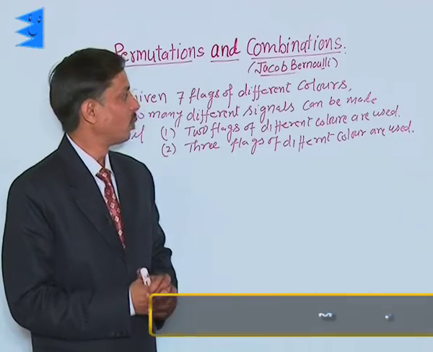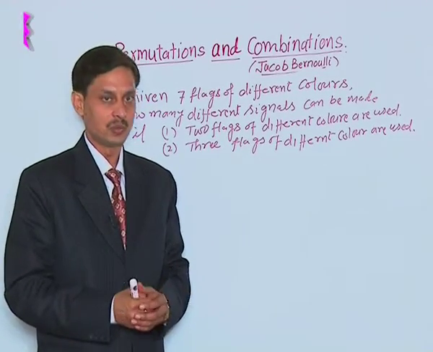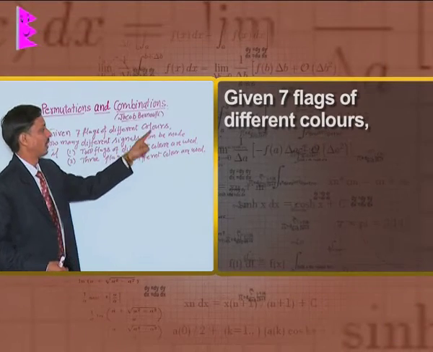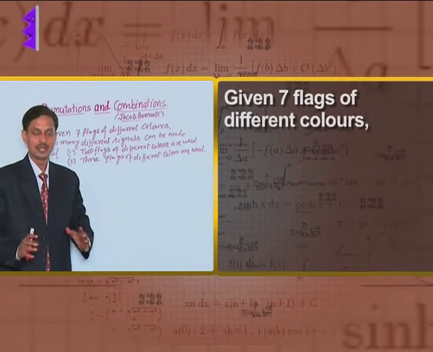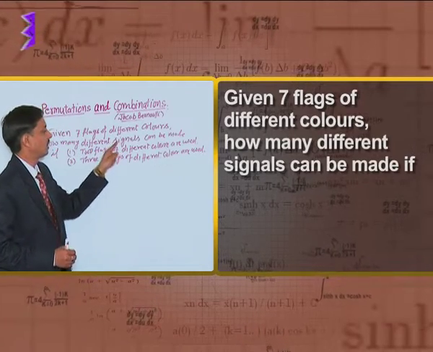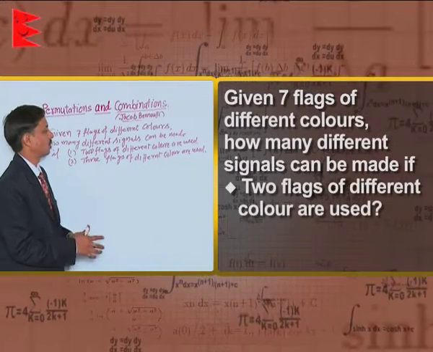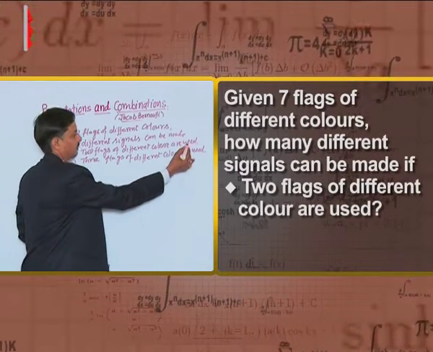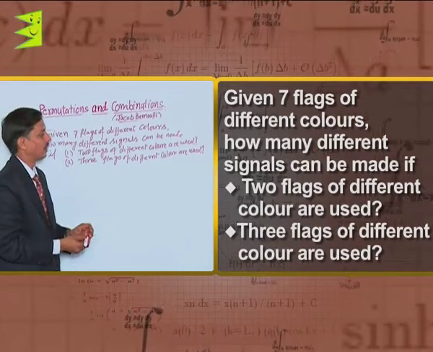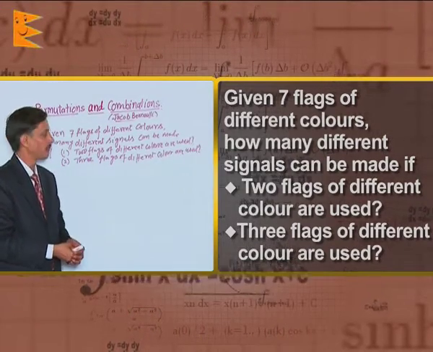Now I am taking one more example where we will identify which principle is required. Given 7 flags of different colors, we have 7 flags, each of a different color. How many different signals can be made if 2 flags of different colors are used? And if 3 flags of three different colors are used.